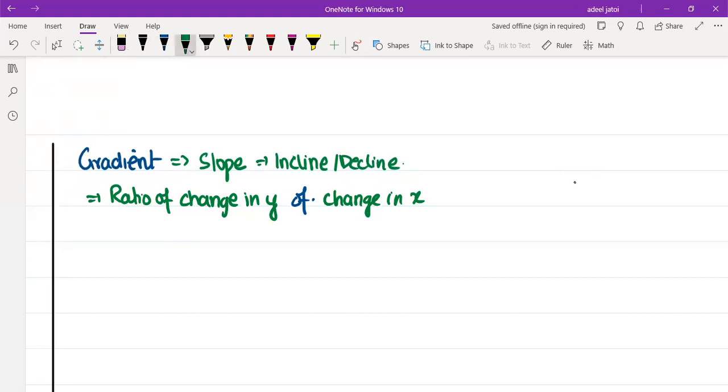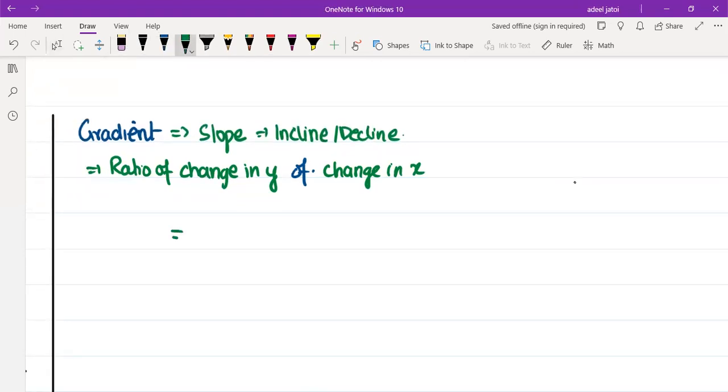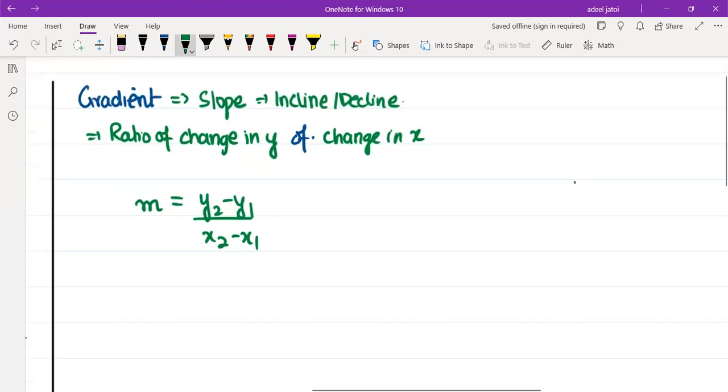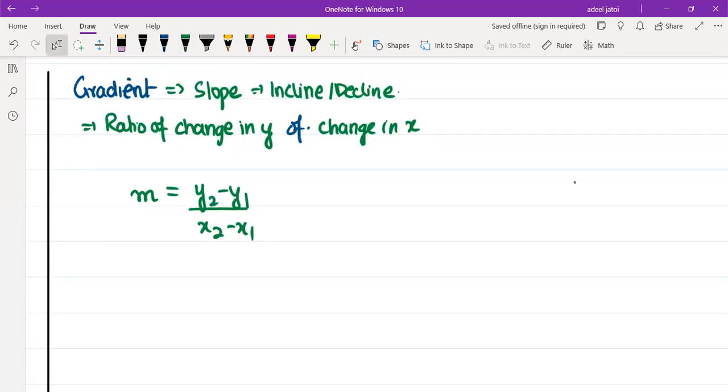Which means that your gradient formula will be y2 minus y1 upon x2 minus x1. And the symbol for gradient is m. Your symbol for midpoint was m.p. But for the gradient, your symbol will be m. What does it tell me? It gives me the slope, incline, decline, or it tells me the ratio of the change in y over change in x.